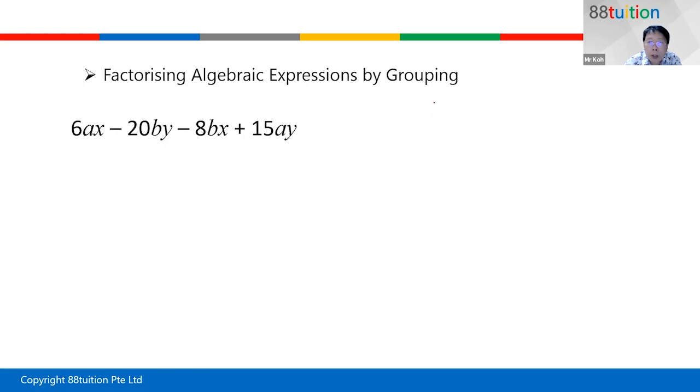Okay, for instance, I have 2x plus 6y. When I factorize, I take out 2, then I put a bracket. 2 times what gives you 2x? 2 times x. Then 2 times what gives you 6? 2 times 3. So this is called factorizing. All right, is this okay?